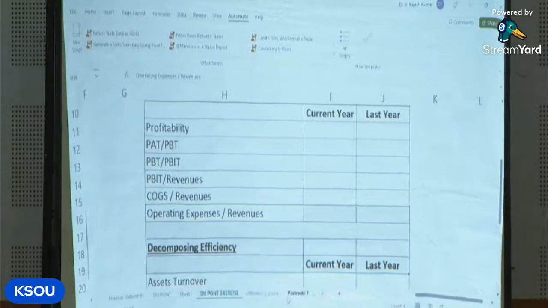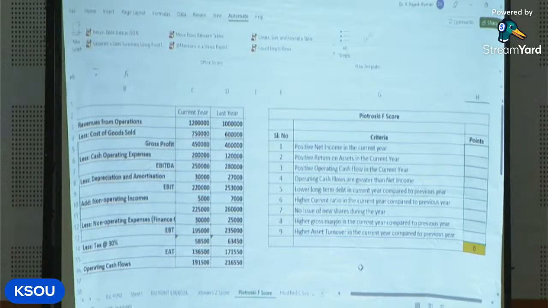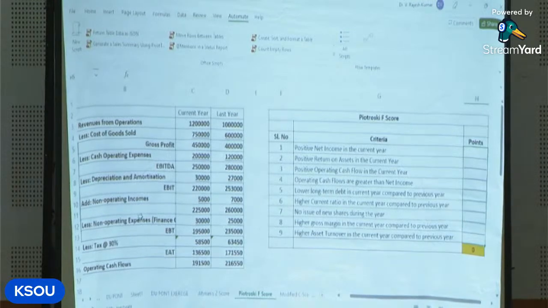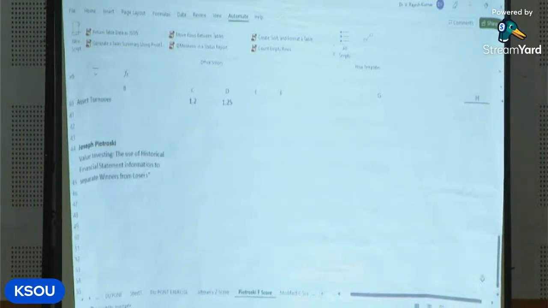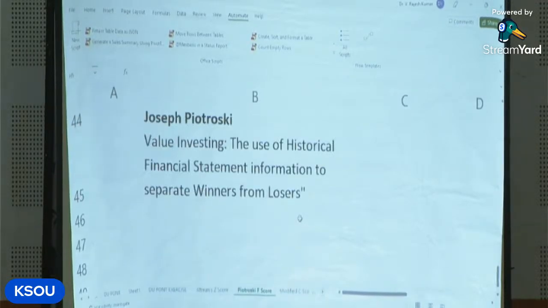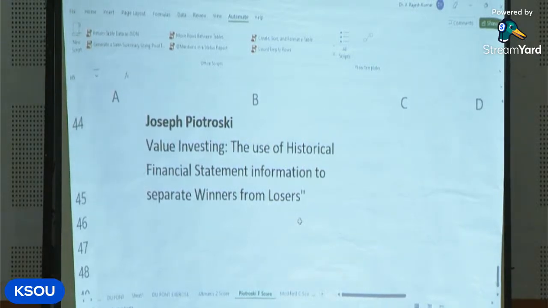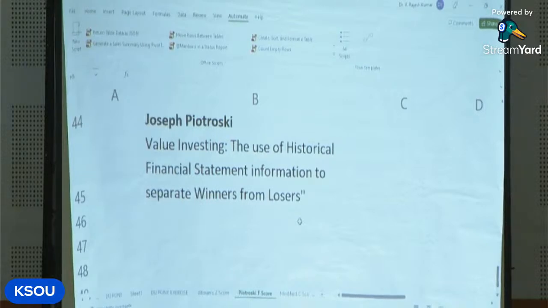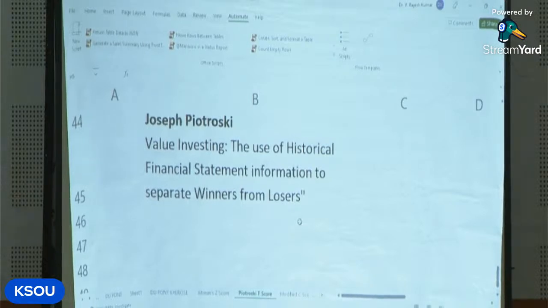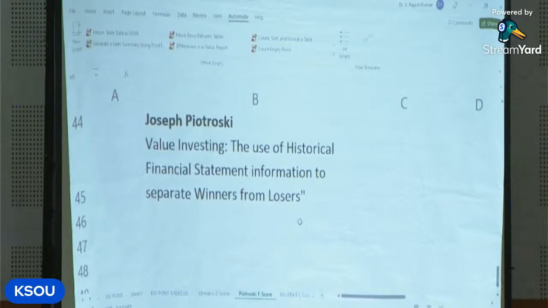Now, I'll start with a simple one first before we take a break for tea, called Piotroski F score. And this is Joseph Piotroski, an American professor, who wrote an article in year 2000, Value Investing: The Use of Historical Financial Statement Information to Separate Winners from Losers.